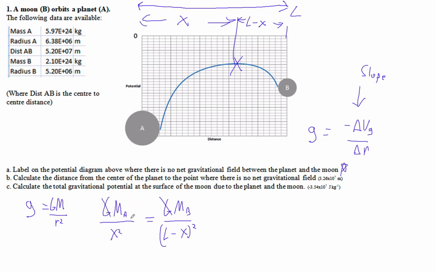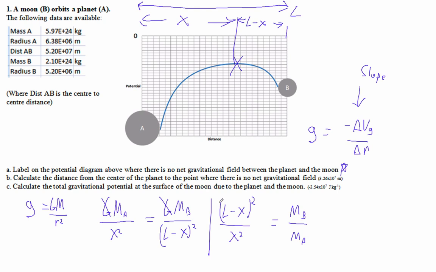And then let's do this. I'm going to do L minus X squared over X squared equals the ratio of the masses. I'm just cross multiplying.